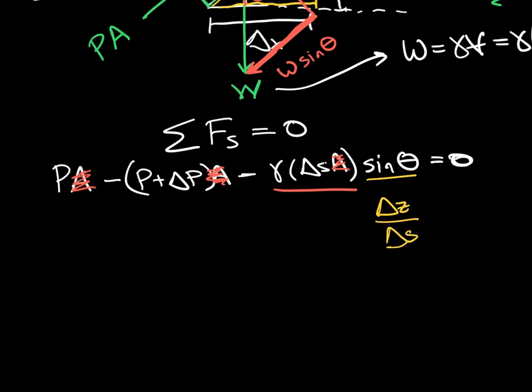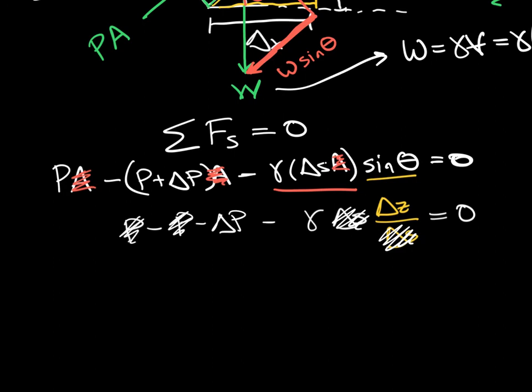I think we're about ready to simplify. So I get p minus (p plus delta p), minus gamma delta z equals 0. You should be able to see these delta s's will cancel out, and p minus p cancels out.